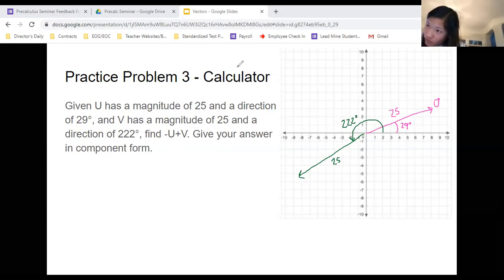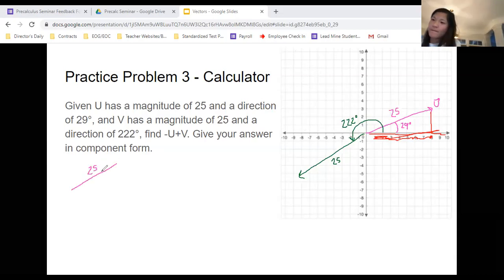So let me go back to pink. I am going to turn my vector u into a right triangle here. And again, we're ignoring these numbers on the bottom. I'll write it down here.